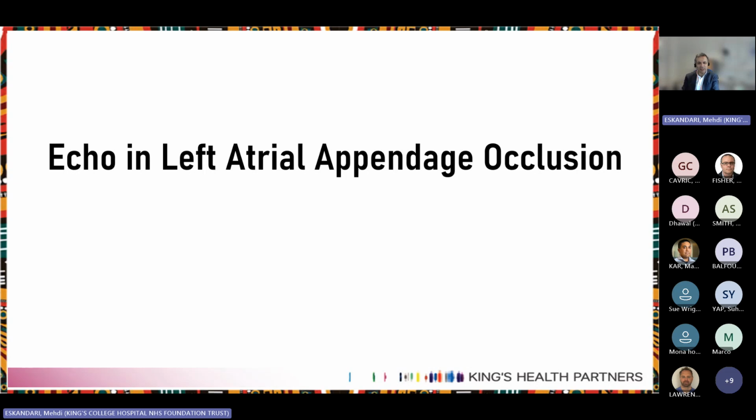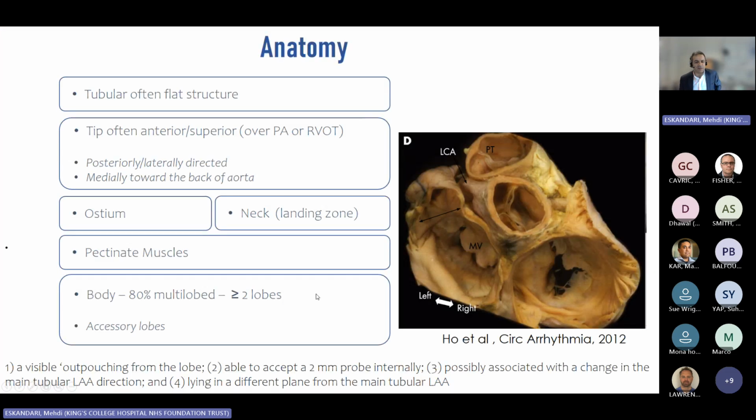Walking into the realm of the left atrial appendage, which has extreme variability. It has been described as like a fingertip, perhaps the most lateral structure of the heart. It has extreme variability in shape, but essentially it has a very distinct orifice that ends into a neck, and then the lobes, which could be one or two or several.